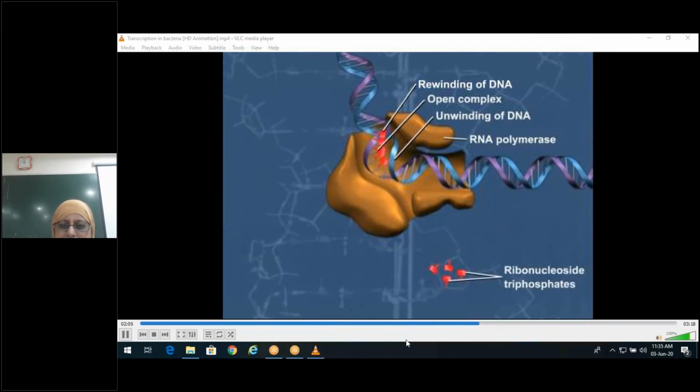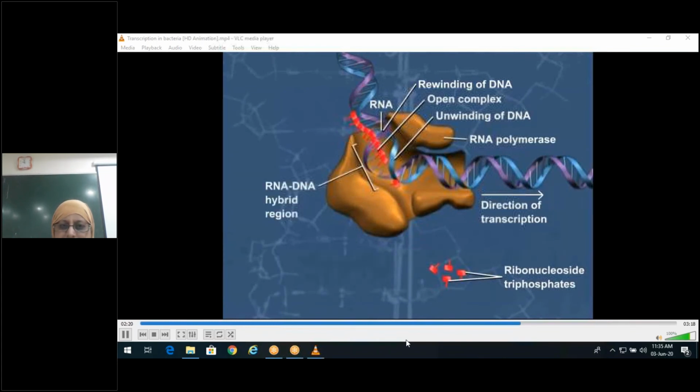Ribonucleotide triphosphates are added to the chain, and the growing RNA transcript continues to elongate as new DNA sequence enters the open complex region. The new RNA transcript initially forms an RNA-DNA hybrid, complementary to the template strand, corresponding to the sequence of the coding DNA strand. In this way, the DNA double helix is opened, transcribed, and reclosed with minimal stress on the DNA molecule.